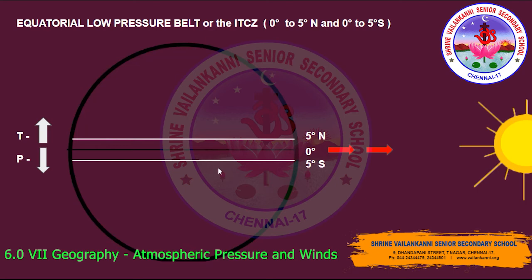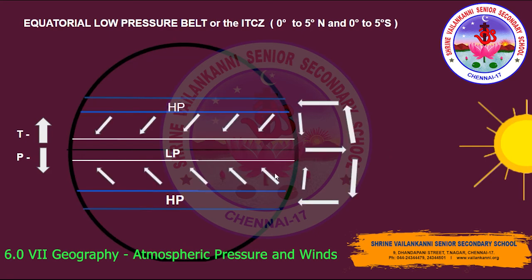This region is also called the intertropical convergence zone, that is ITCZ. Here the low pressure is created. This low pressure area has the tendency to attract the air from the surrounding areas.